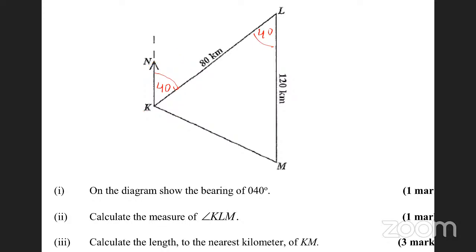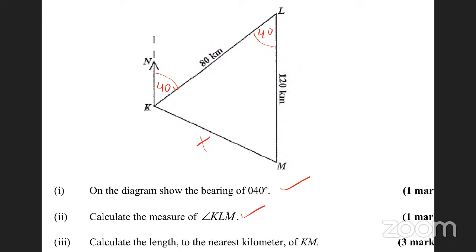So part 1, we did it. Part 2, we did it. Part 3, they want us to find KM. What's the rule we're going to use here? We have lengths and angles, right? Look at it again. You have 2 lengths and the angle in the middle. So which rule is that? Cosine rule. Go ahead, use cosine rule and be done.